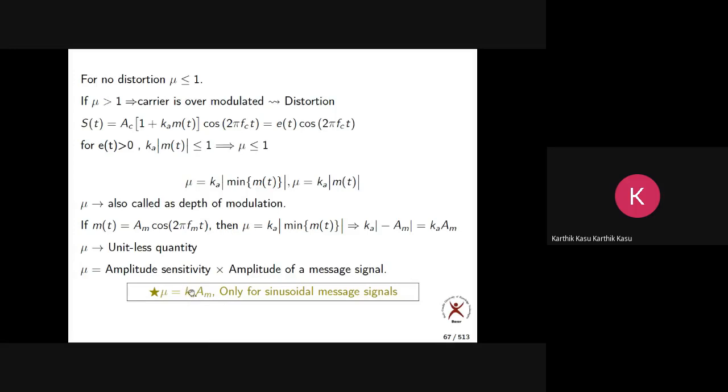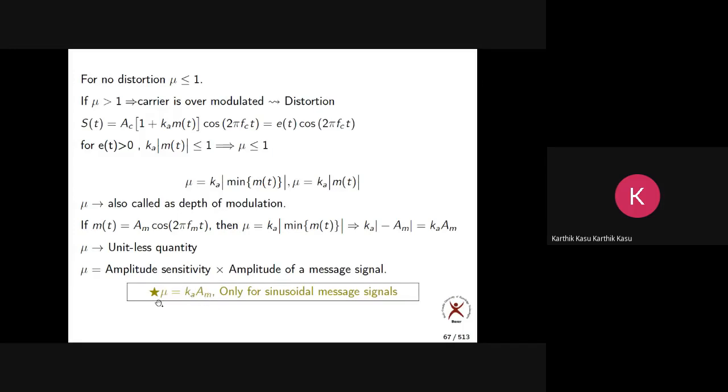Here, what is the purpose of Ka? Suppose AM is, let us take 4 volts. Now Ka will be 1 by 4, maybe less than 1 by 4. So suppose Ka is 1 by 5 and AM is 4.